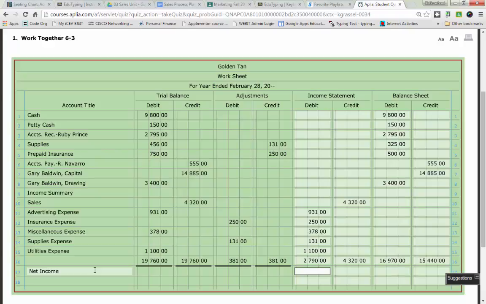Balance sheet as a credit. So this is what I need to do right now. If this is a net income, the value of owner's equity is going to go up. So I need to put right here the 1,530 as a credit, and then it will also go on the income statement as a debit.